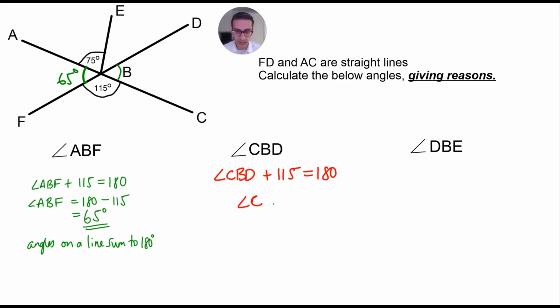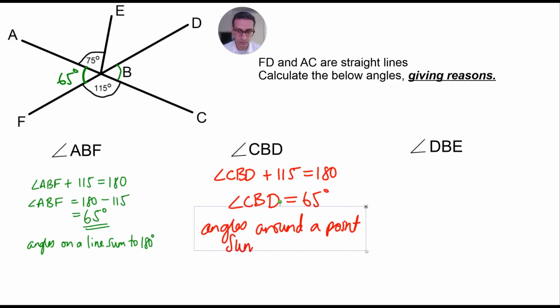So angle CBD is equal to 65 degrees, and it's for the same reasons. Angles around a point sum to 180. Okay, and now we're going to label that 65 degrees.